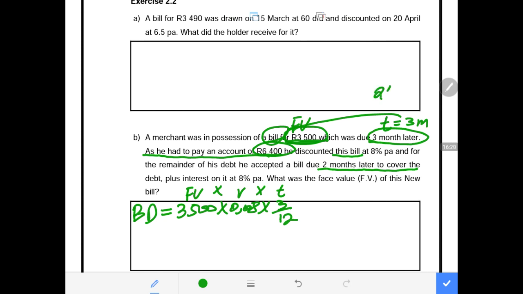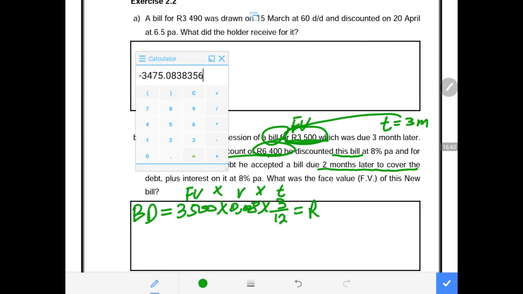That is why previously we said 24 over 365, because these are days, so we divide by the number of days in a year. But when these are months, we divide by the number of months in a year. So please bear in mind with that. It's very important to master also those simple dynamics. So now our banker's discount will be calculated by saying 3,500 times 0.08 times 3 divided by 12.